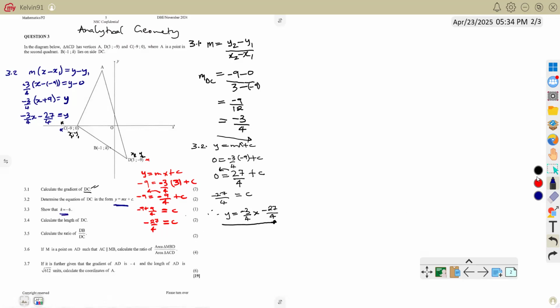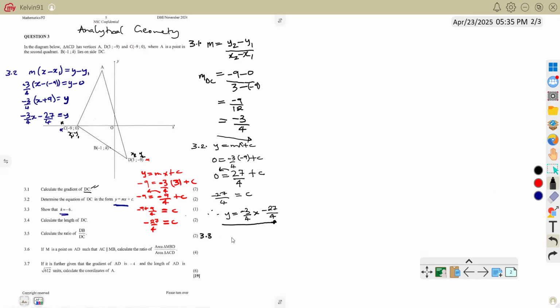That is on question 3.3. They are saying show that k is equal to -6. So alternatively, if you check k is a point here and is lying on line CD. So since it's lying on line CD, it means you can just substitute the coordinates of B in the equation.